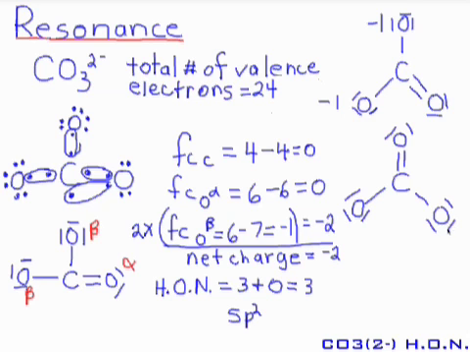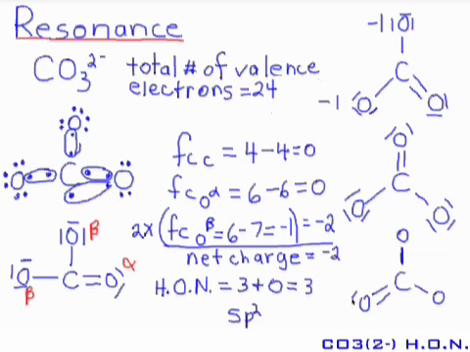Or why couldn't you have drawn the double bond to the oxygen on the left-hand side? Well, in actual fact, I guess we could have. They are the same structures in the sense that I could rotate the atoms.